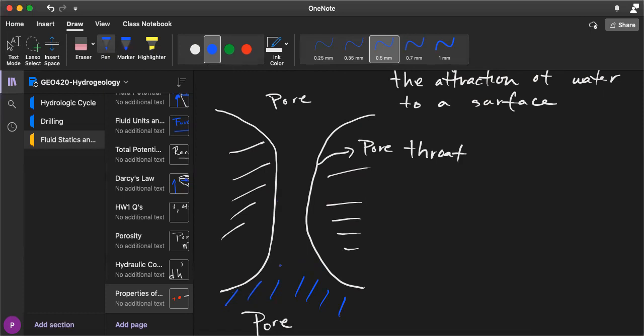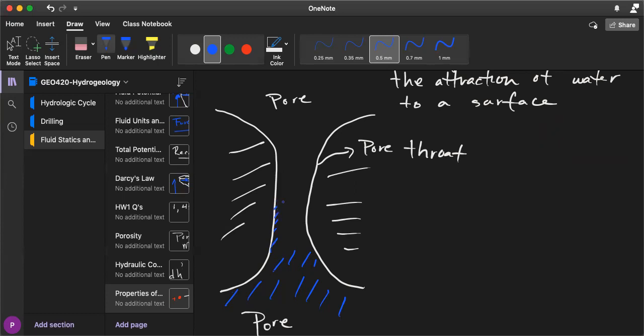And so the water will be attracted to this surface, and it'll tend to want to climb. As water molecules get attracted, they climb up the side of the pore throat.